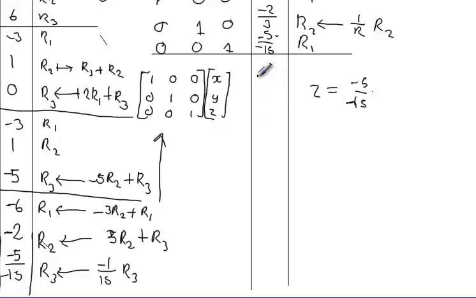Our b will be minus 2, 3, minus 5 over minus 15.